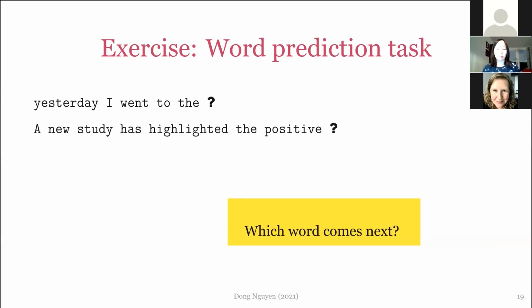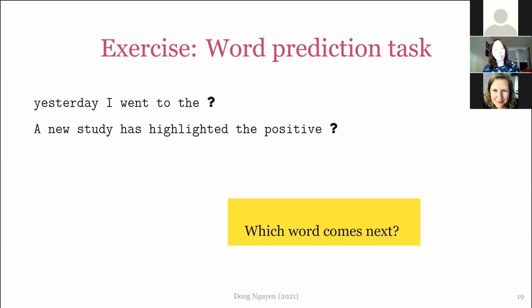So if we look at the first sentence, "Yesterday I went to the blank." A possible answer could be, yesterday I went to the park, or to the new store, or yesterday I went to the library.